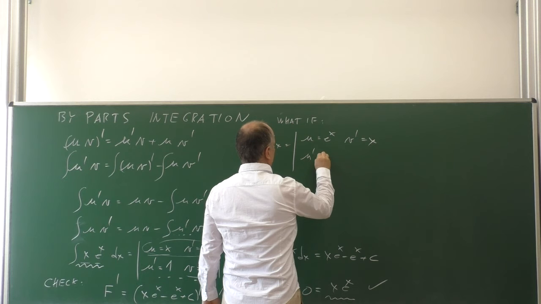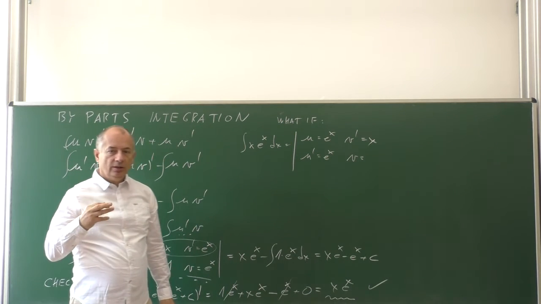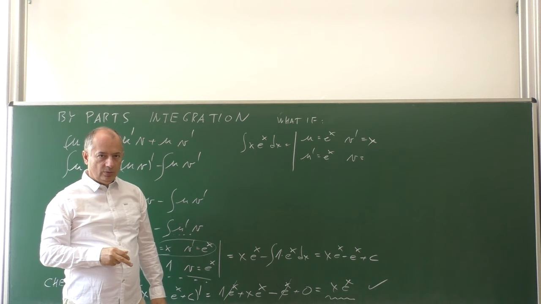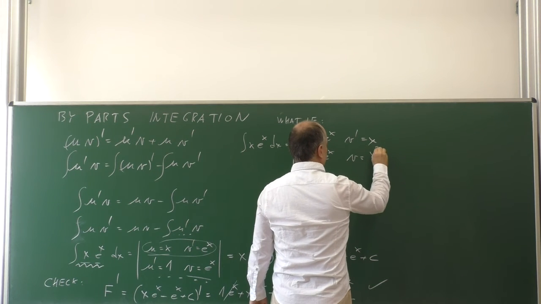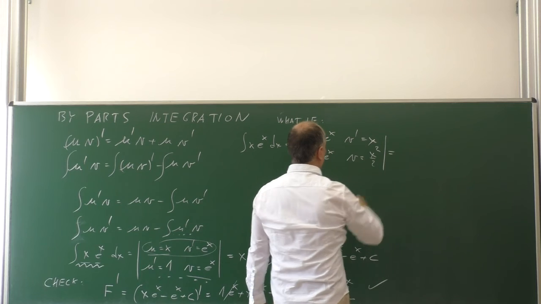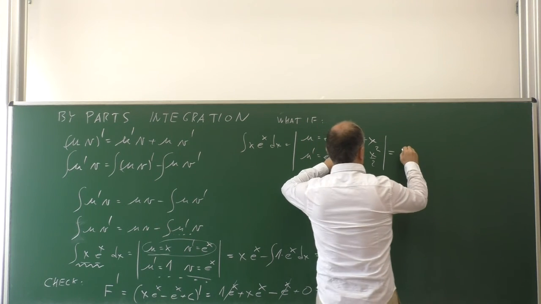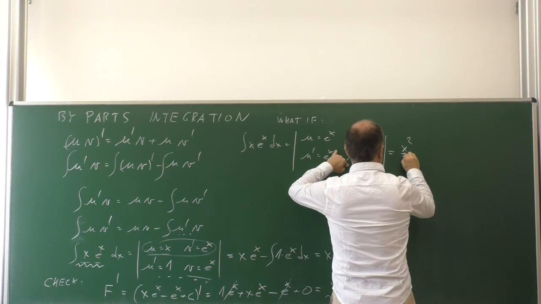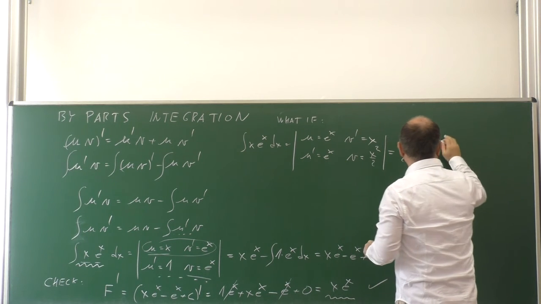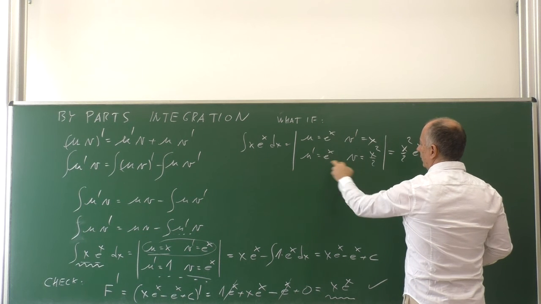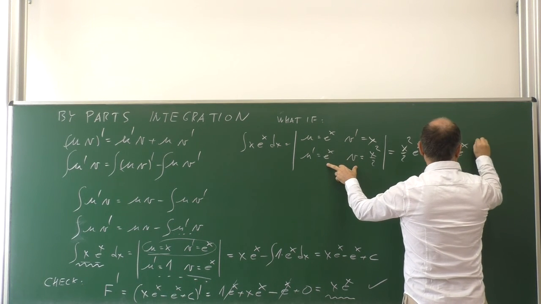Then u derivative is e to x and v is the antiderivative of x, which is, yes, x squared half. So this is uv, which is, let me write x squared half first and then e to x, minus integral of the terms on the second row, which is x squared half e to x dx.